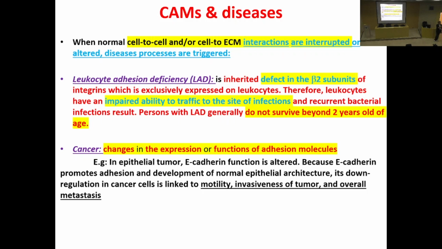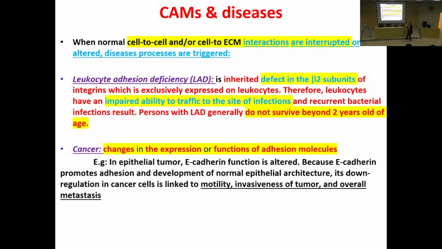So E-cadherin links cell to cell, EC1 to EC1. Okay? There is none. So they are free to move. And they will invade other organs, and the cancer will spread in all the organs of the body. Okay. So this is a kind of disease which is due to decreased expression of cell adhesion molecules.